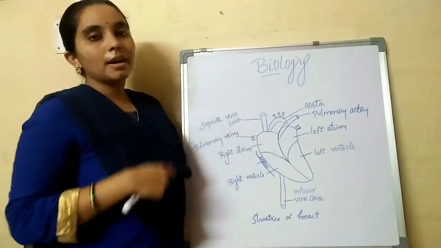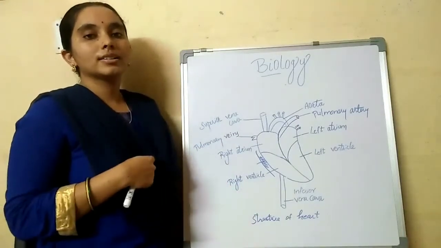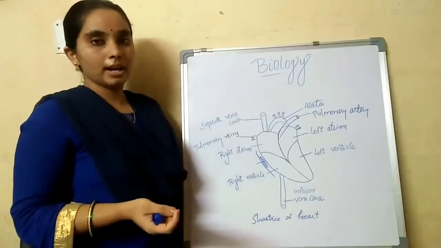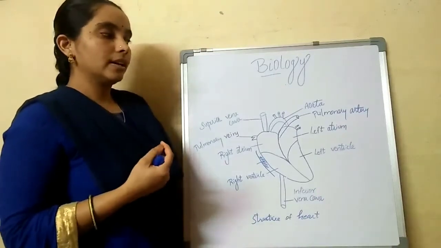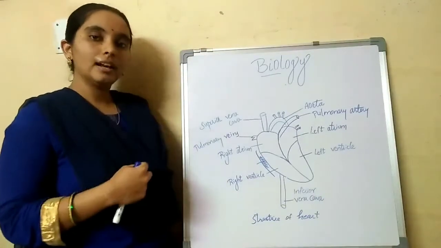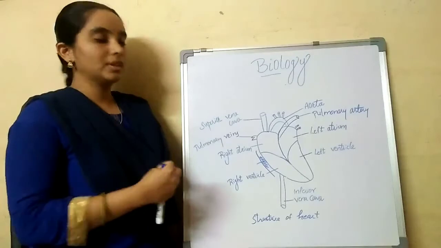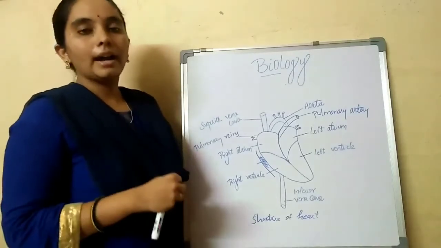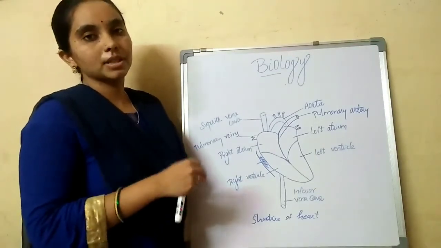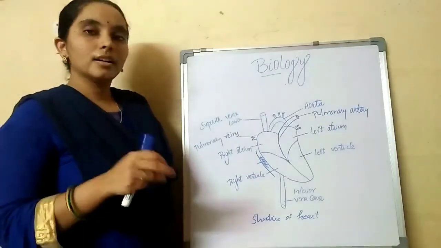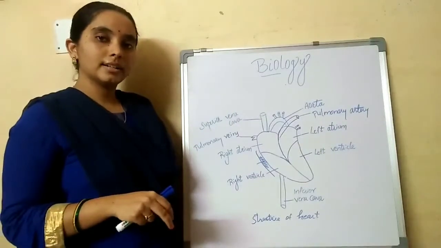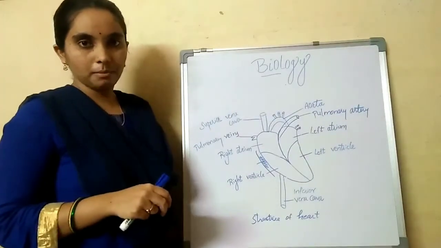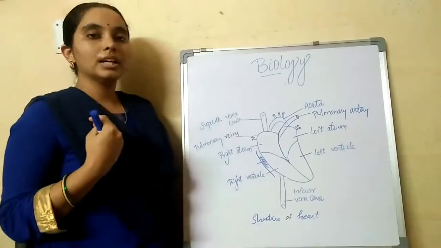You all know that lungs take oxygen and give out carbon dioxide. The oxygen that we inhale is given to the deoxygenated blood, and that blood becomes oxygenated blood, and the carbon dioxide present in the deoxygenated blood is sent out from the lungs.